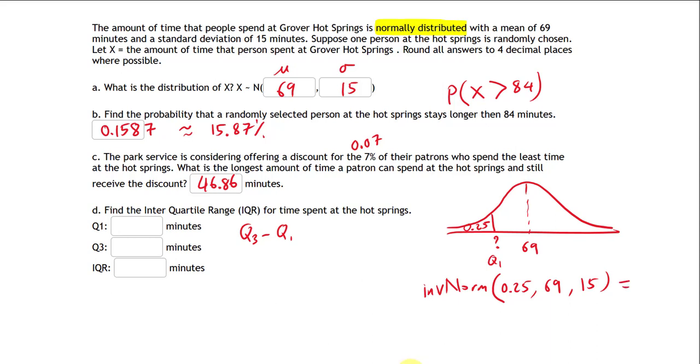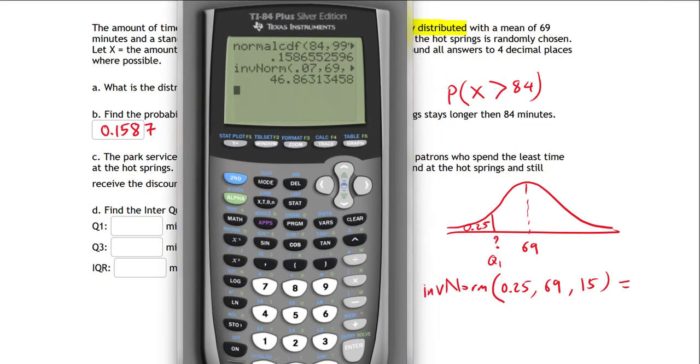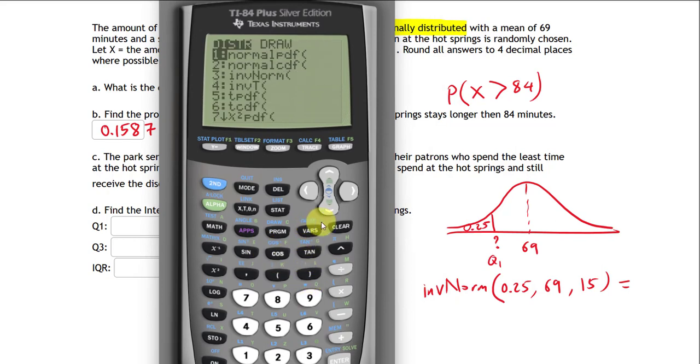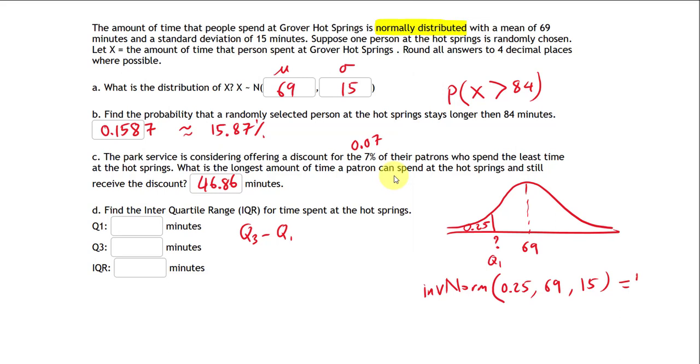And then I should get the value. Let's do that here. We have second distribution, and we go to inverse norm, and we put in 0.25, and we have 69, 15 still, and we'll get 58.88. So 58.88.